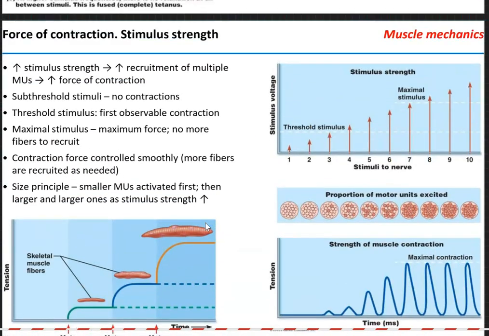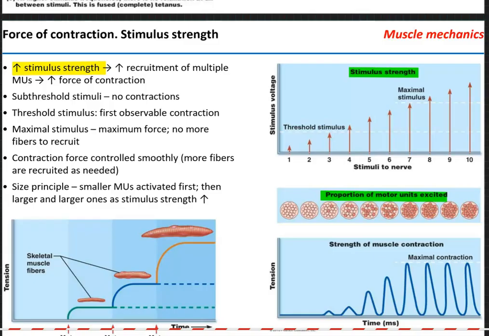Now, another parameter that can increase the force of contraction is the strength of the stimulus. In this case, we're going to switch from looking at a single unit to multiple units. So when the stimulus strength increases, the number of motor units that are excited also increases.